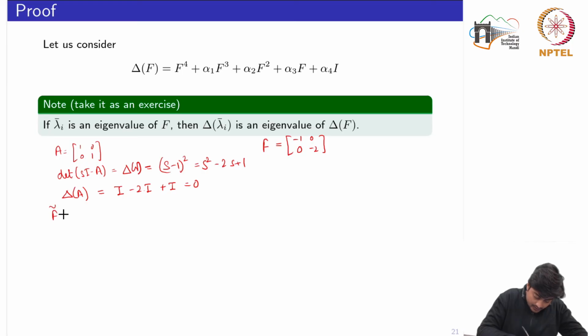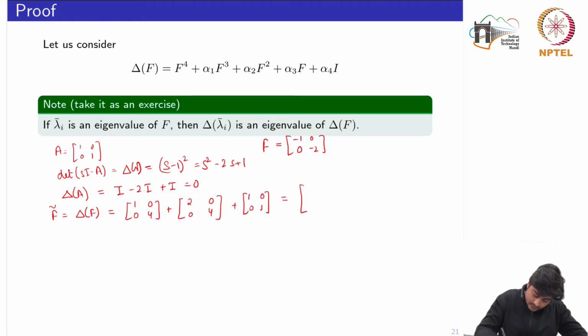Let's call it F tilde, which is delta of F, and is given by the square of this matrix, which would be 1 0 0 4, minus, so I write plus, and it would become 2 4, plus identity.